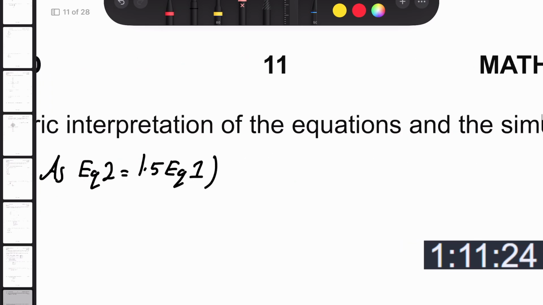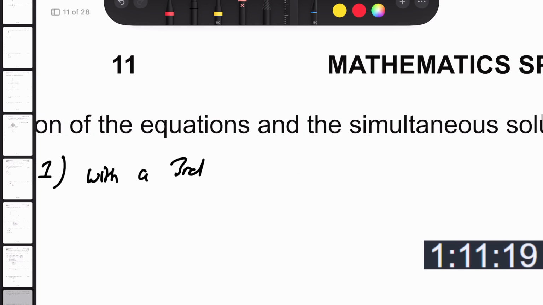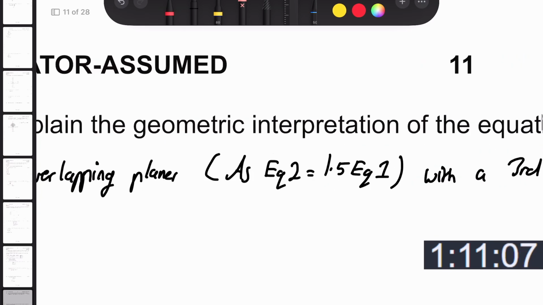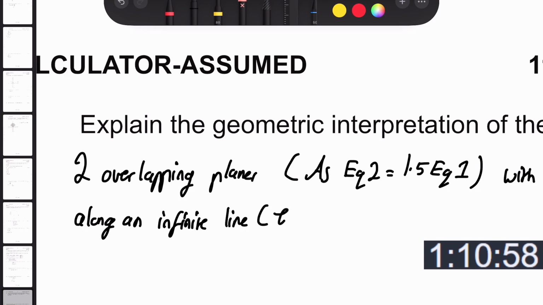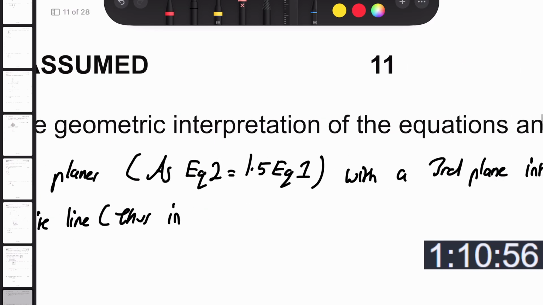You have two overlapping planes with a third plane intersecting these two along an infinite line, thus infinite solutions.